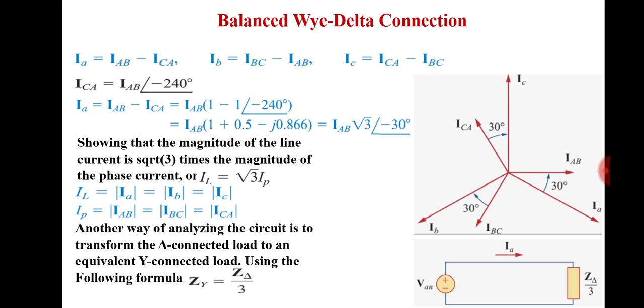Already we studied it. Now we take ICA equal to IAB with angle minus 240 degree.